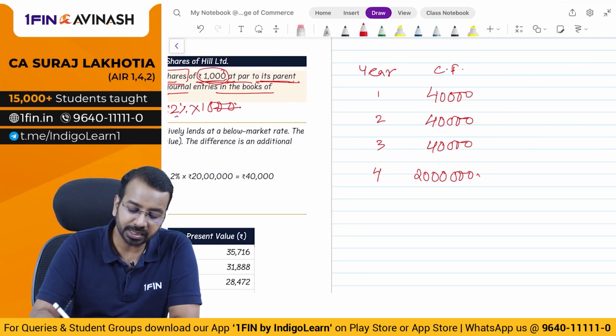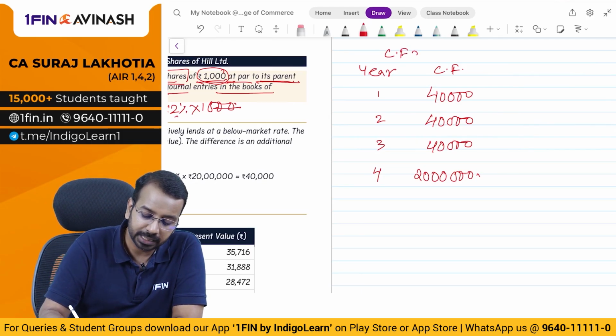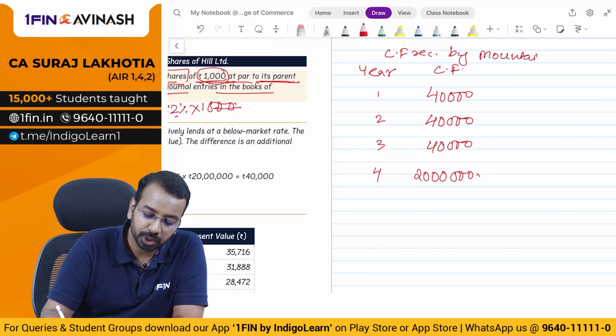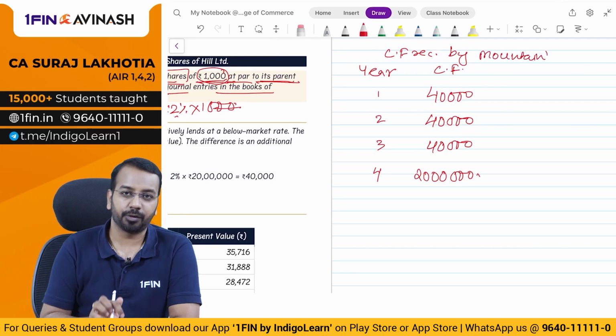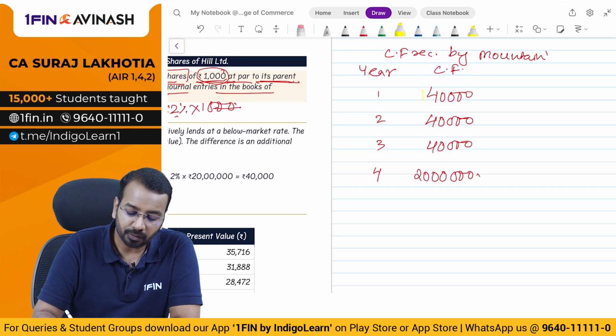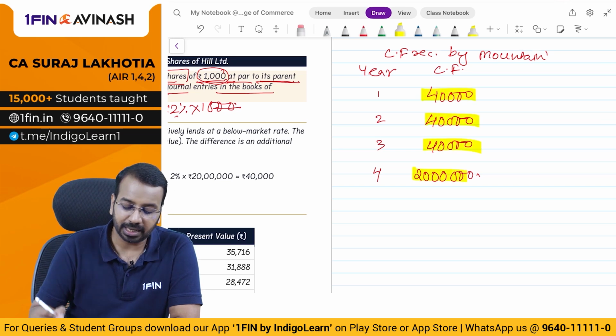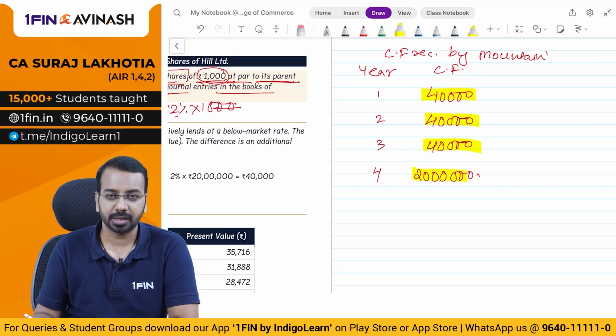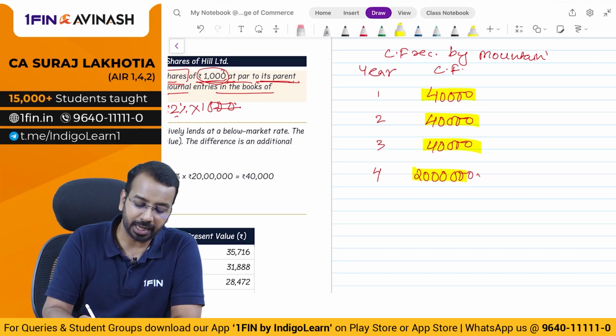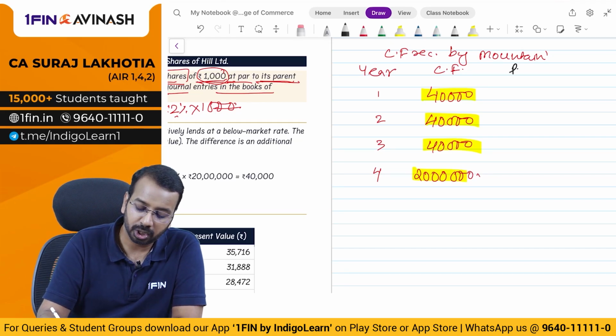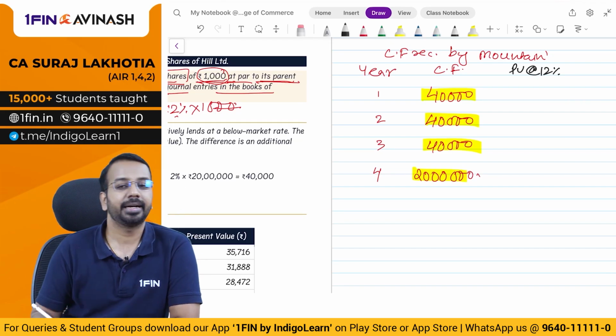Now this is the cash flow received by whom? By Mountain. Now think of it from Mountain's point of view. If I have to receive 40,000, 40,000, 40,000 and 20 lakhs over the 4 years, how much amount will I invest today so that I will earn a 12% rate of return?